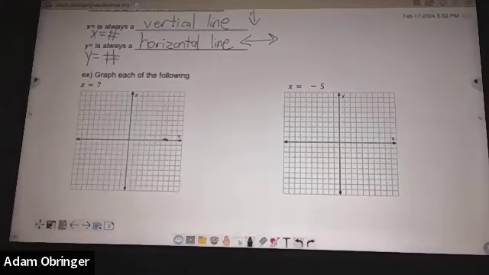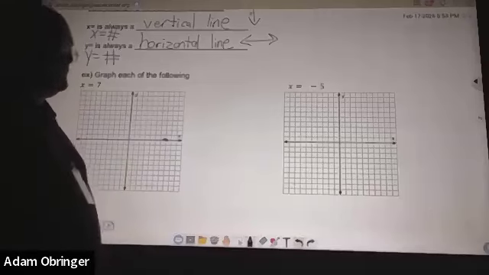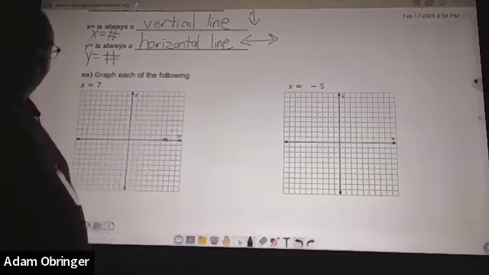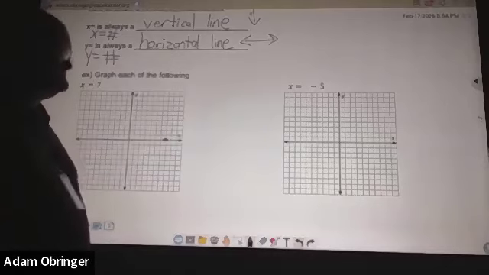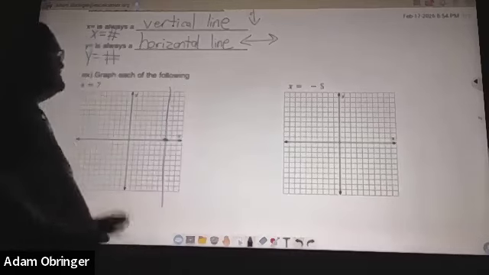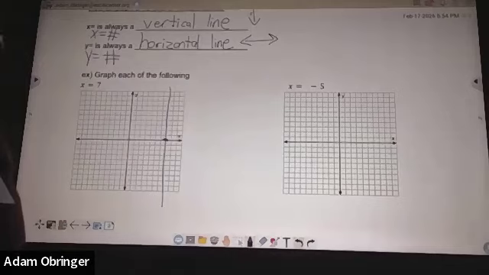There's the first dot. The only line I could draw that wouldn't dip to the left or right would be a vertical one, because if I go left or right, I'm going into other x's. The only way to stand perfectly at 7 is to draw a vertical line.